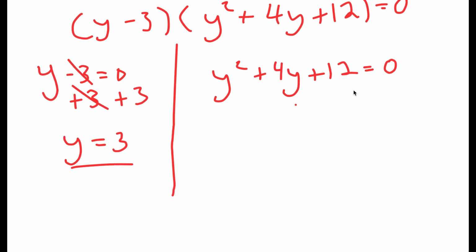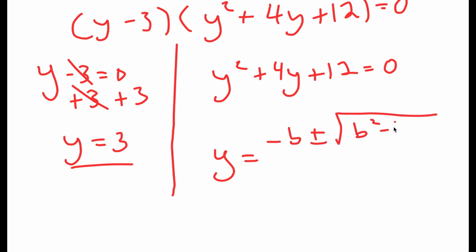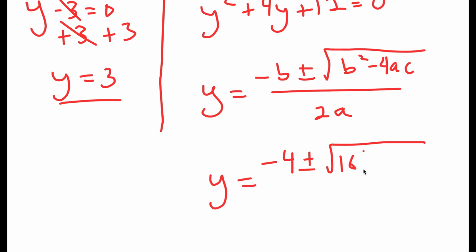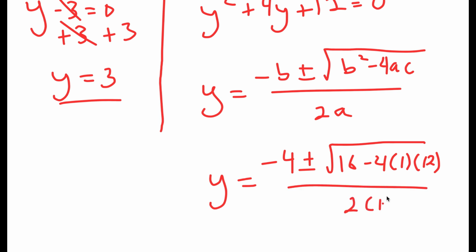And now for y squared plus 4y plus 12 equals 0, I can use the quadratic formula, which is negative b plus or minus the square root of b squared minus 4ac all over 2a. So this turns into y is equal to negative 4 plus or minus the square root of 16, which is 4 squared, minus 4 times a, which is 1, times c, which is 12, all over 2a, so 2 times 1.